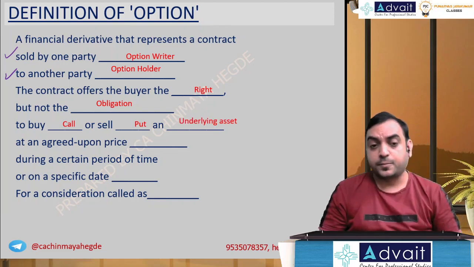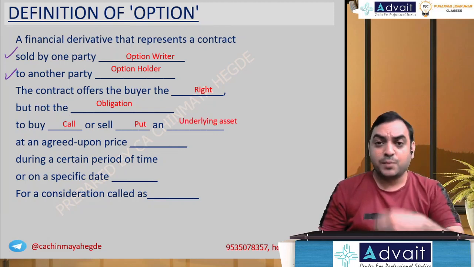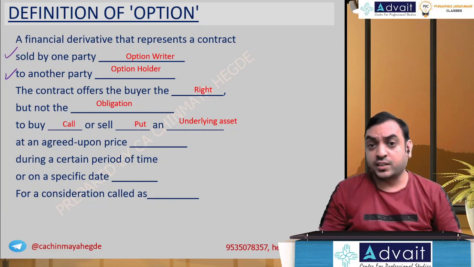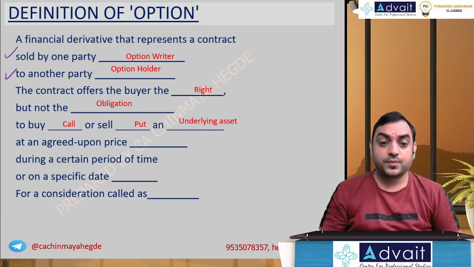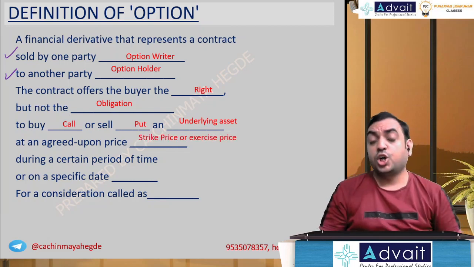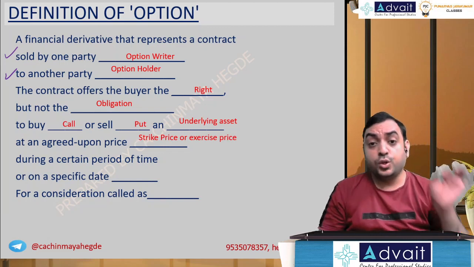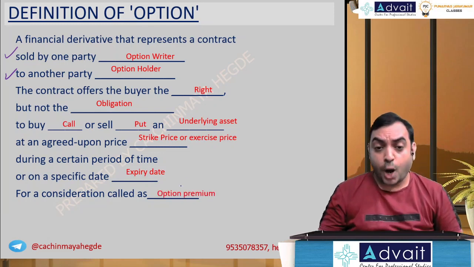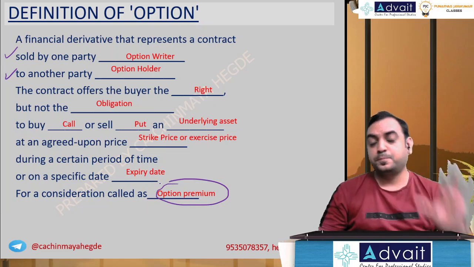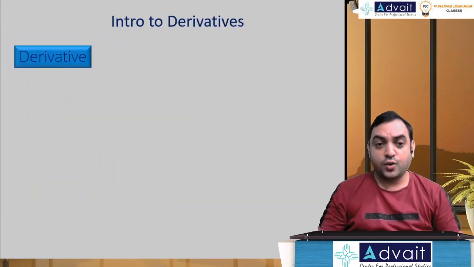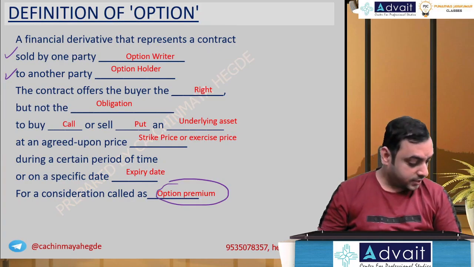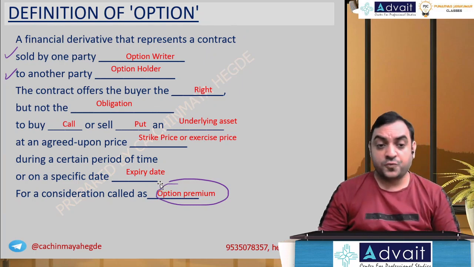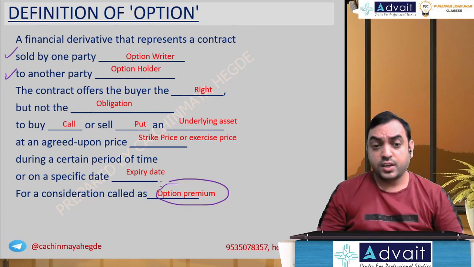An underlying asset may be shares, index, commodities, foreign currency, or even interest rates, at an agreed upon price called the strike price, during a certain period of time called the expiry date or expiry period, for a consideration called the option premium. Now let me give you the basic understanding of this. Then I'll go through one term in detail.